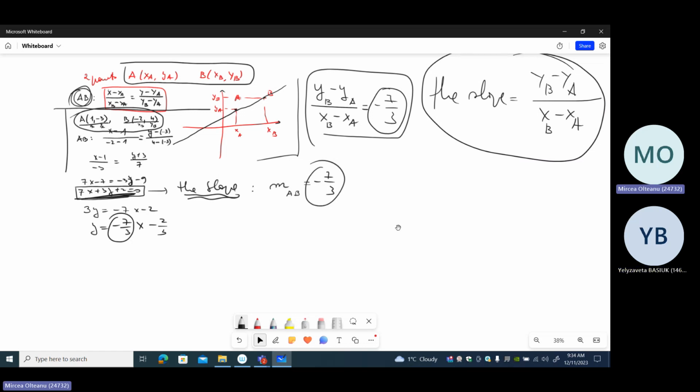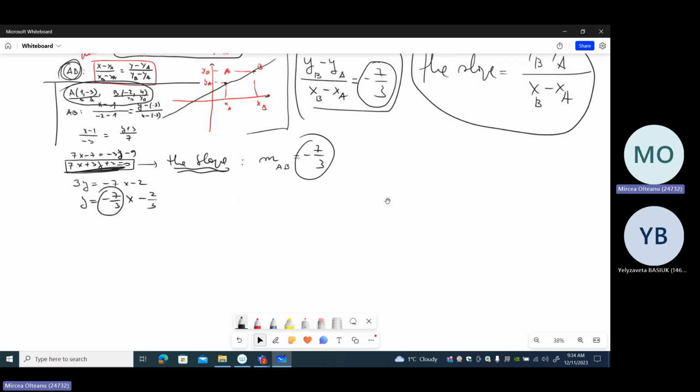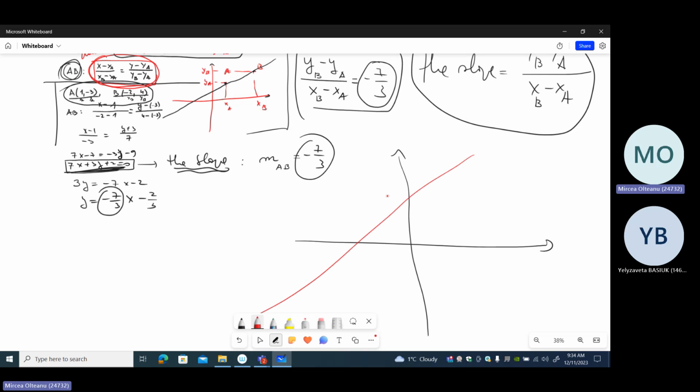Okay, very well. And now the last thing about straight lines, because this is a lesson in analytical geometry about straight lines. The second case when we can find the equation of a straight line, so the first case was when we know 2 points. And now imagine a straight line and imagine that we know a point, the point P of coordinates XP, YP.